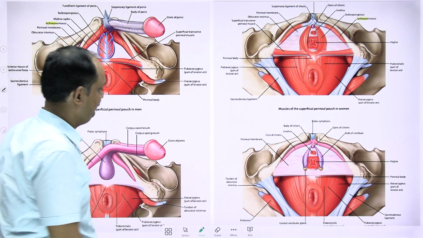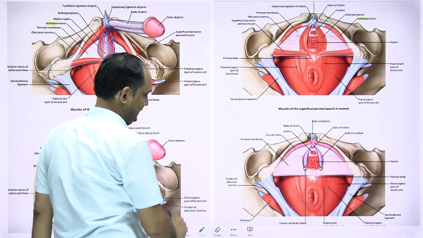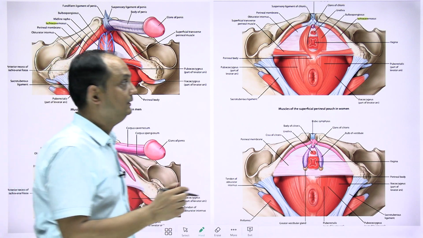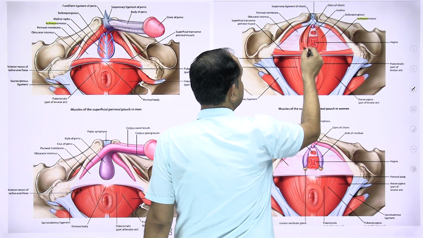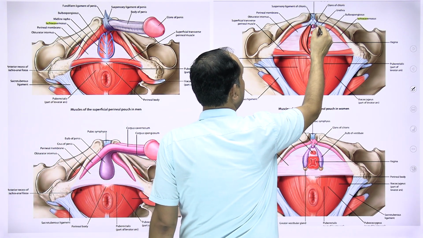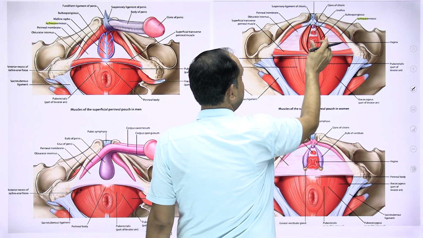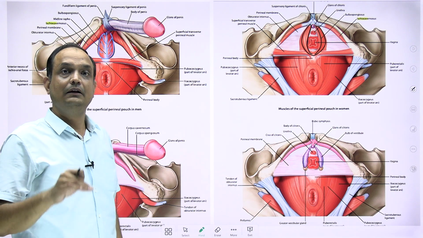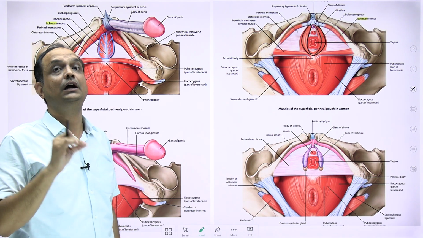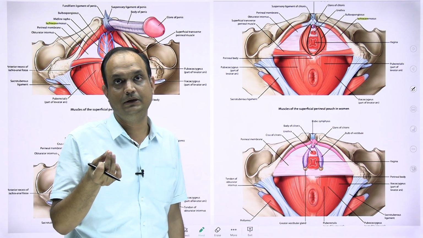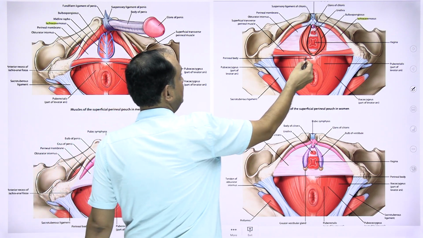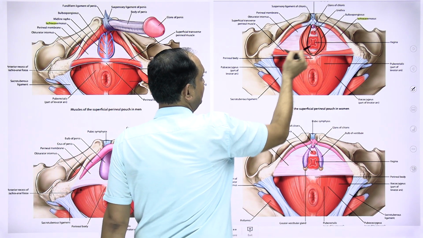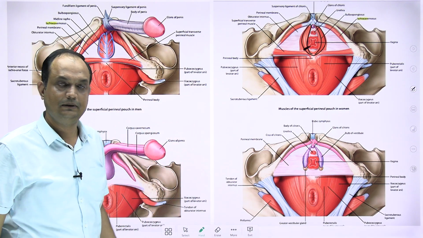But when you see the female perineum, the bulbospongiosus muscle is split into two halves. There is no fusion between these two muscles, and this is the one which we cut at the time of episiotomy in the female perineum. So, this muscle is generally compromised at the time of episiotomy.